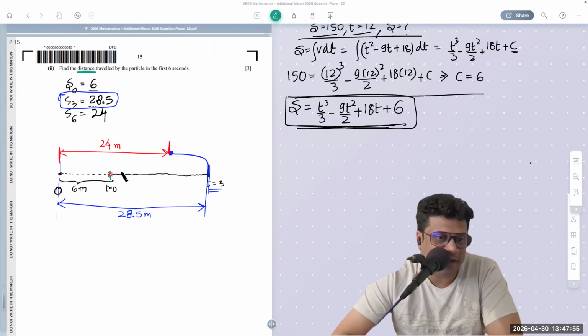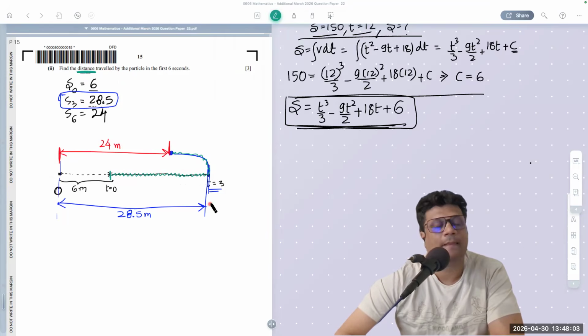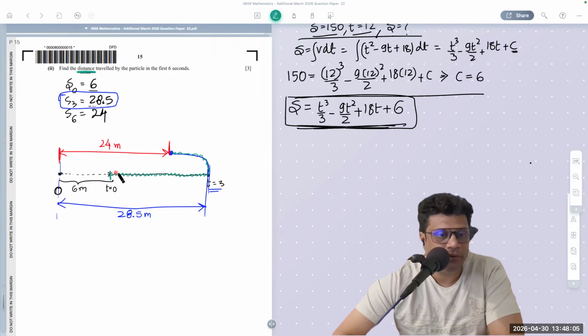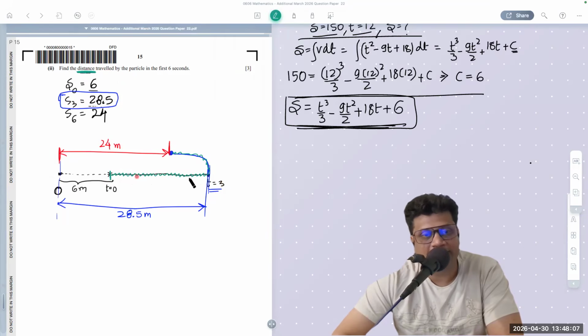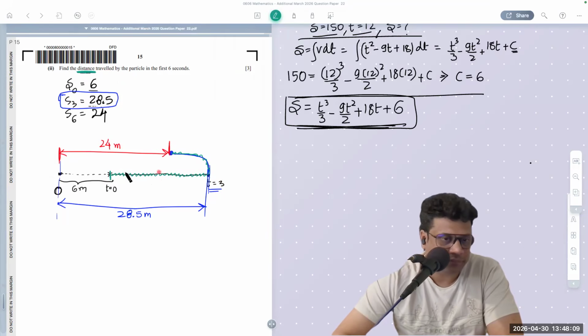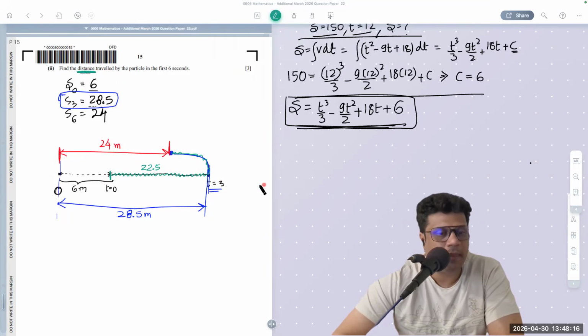Well, this is where you started. This is how you go and turn back. Okay. So I'm going to find out the length of that green thing that I have. Well, here the green thing is about 22.5 meters.